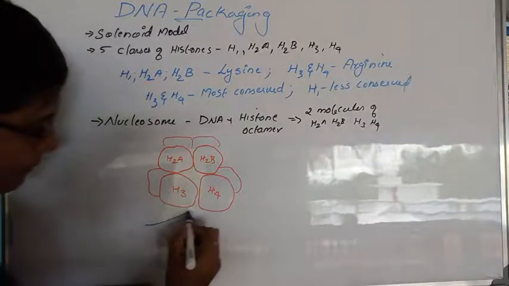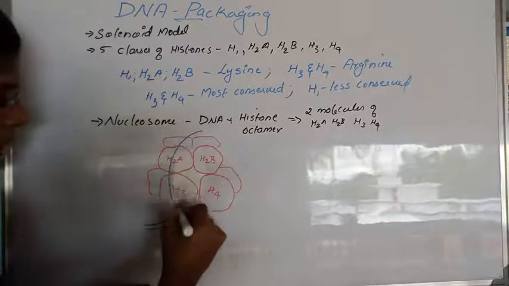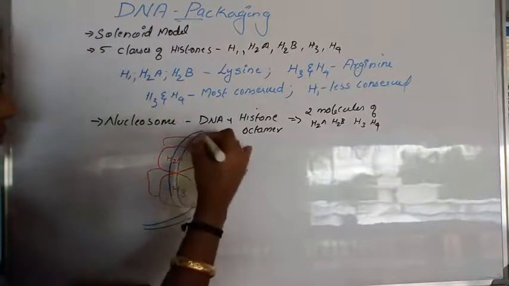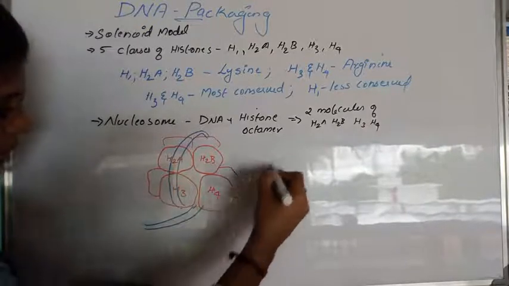DNA will come and bind the octamer. DNA will come and twist around the octamer.